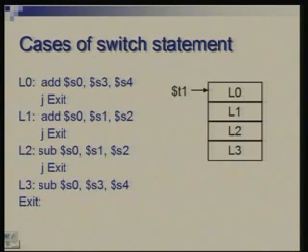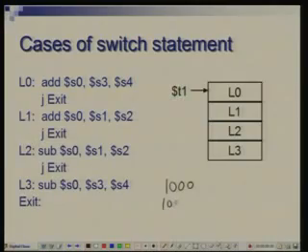So, suppose these addresses are 1000, let us say 1020, 1040 and 1060. So, they are uniformly spaced, all right.